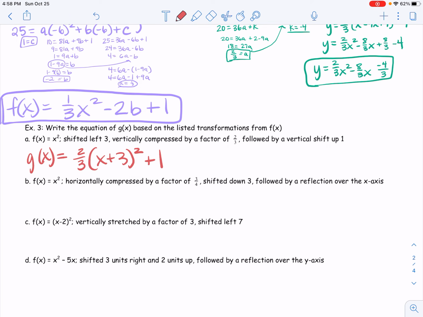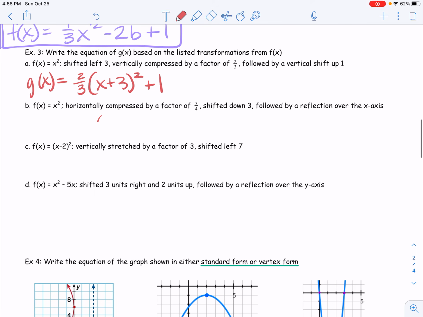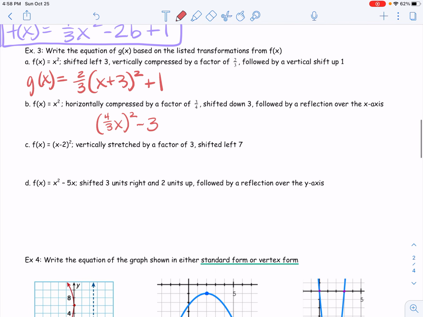The second example, again, we're starting with just a parent function of x squared. Horizontally compressed by a factor of 3/4. Remember, for horizontal compressions, I'm really seeing a number bigger than 1 because I'm dividing by that number. So really it's 4/3 x squared. Shift down 3, followed by a reflection over the x-axis. Okay.